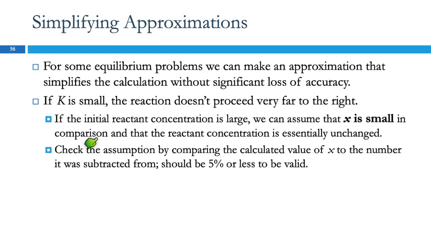If our initial reactant concentration is large, then we can assume that X is small. And subtracting a small number from a large number may not substantially change it, right?